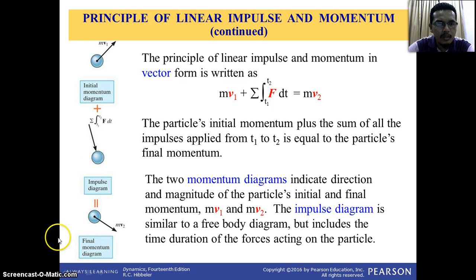Given this direction, this is the impulse diagram, and it is equal to the final momentum diagram. So this one is the final momentum diagram, the mass multiplied by v2 in this direction. The impulse diagram is similar to a free body diagram but includes the time duration of the force acting on the particle.